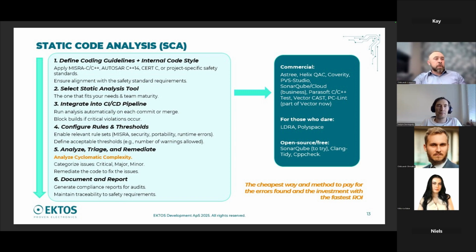What I want to mention with this simple but important quote is that static code analysis investment is probably the best thing you can do in the very beginning, and it definitely pays back super fast. So I would suggest you do this in your projects extremely early.